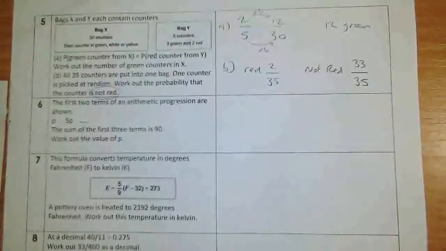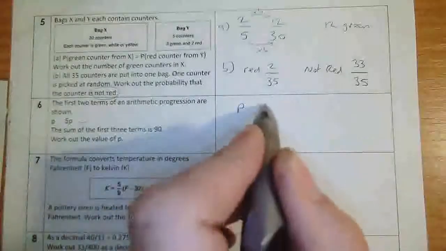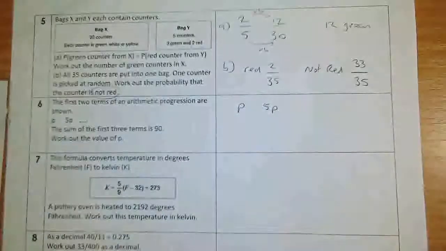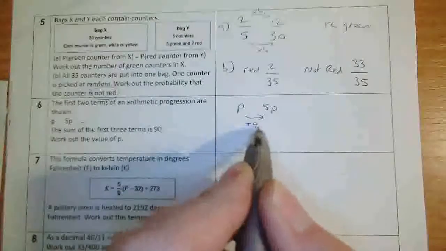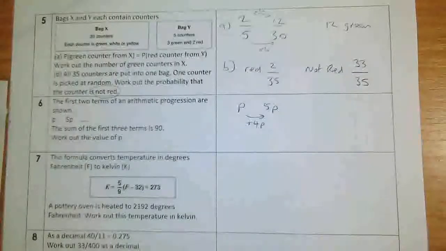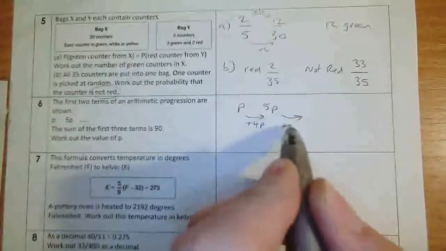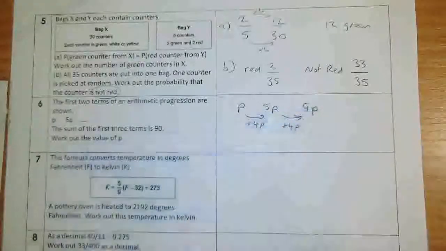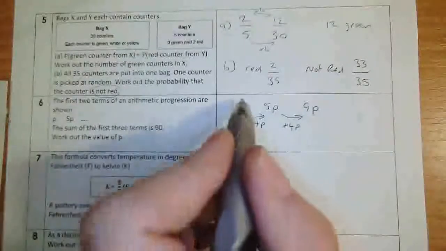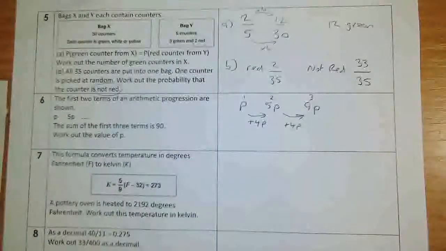Question 6. The first 2 terms of an arithmetical progression are p and 5p. This means to get from p to 5p we must have added 4p. The third term therefore must be, adding another 4p, 5p and 4p is 9p. These are the first 3 terms of the arithmetic progression.